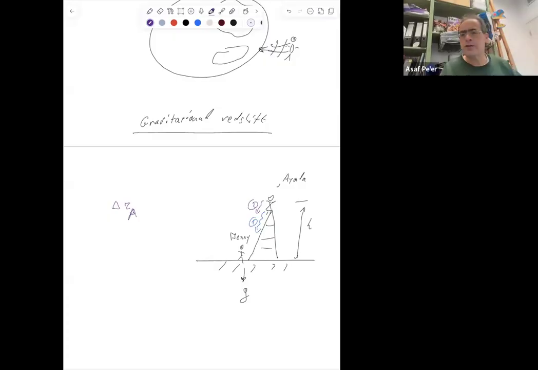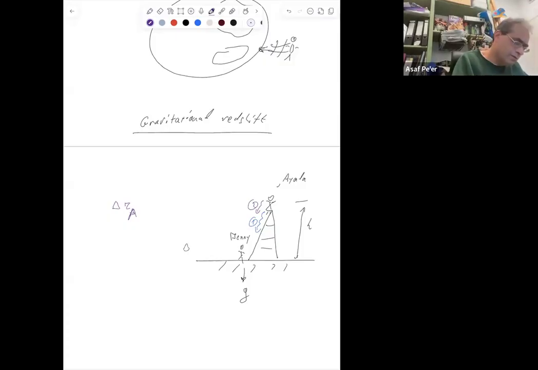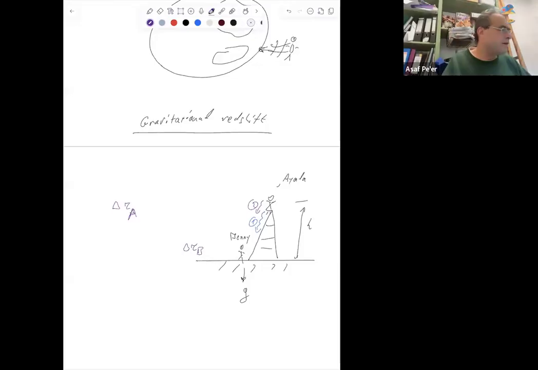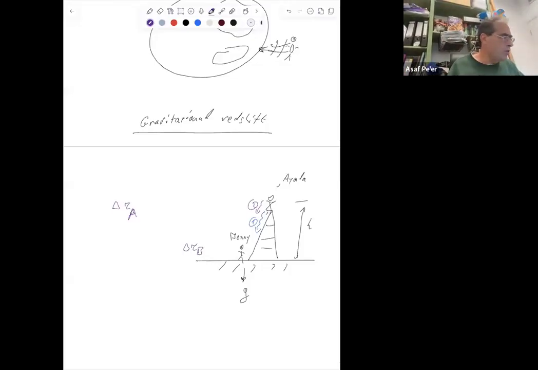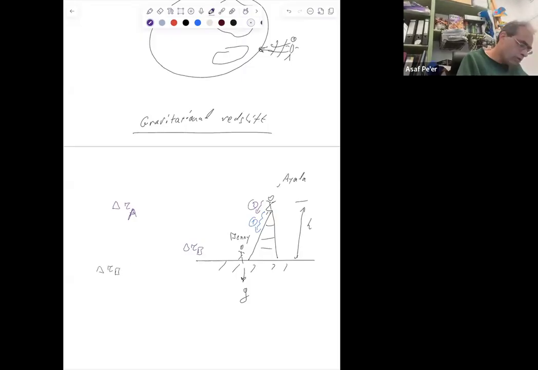Of course, this is measured in her local clock, local frame. And Benny receives the two signals at time separation, delta tau Benny. Now I argue that always delta tau Benny is smaller than delta tau Ayala. Always.